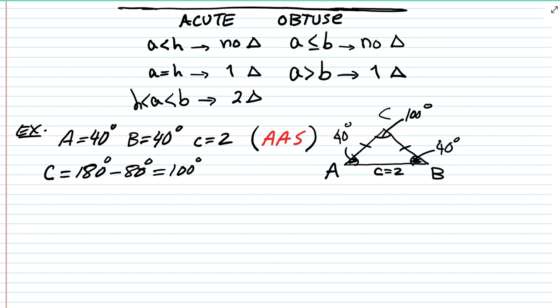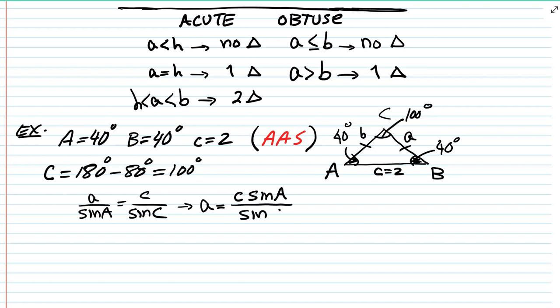Now let's take a look at this one. So for the law of sines, I will need to determine little a and b. Now here's the version of law of sines that I'm going to go with. I'm going to go a over sine A is equal to little c over sine capital C. And from this, cross multiply or multiply both sides by sine A. So I get c sine cap A over sine C. And that should solve for a, right?